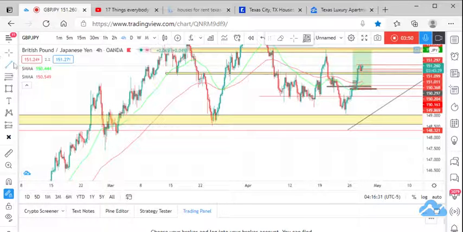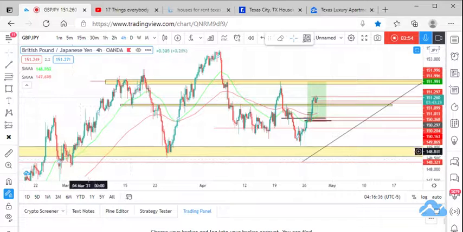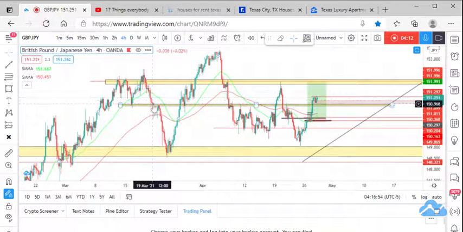Other than that, you could have found trade opportunities within this support and resistance. So once it got to this resistance, tested it, broke down, tested it, then it came in this area. Now you got all this to look at. Then it came back up, rejected it, came down.